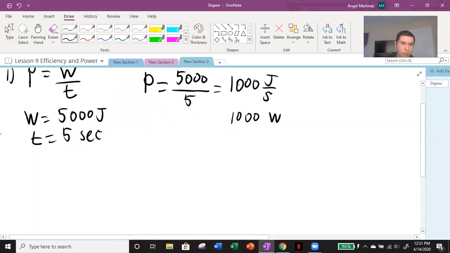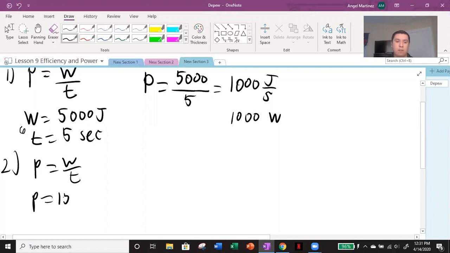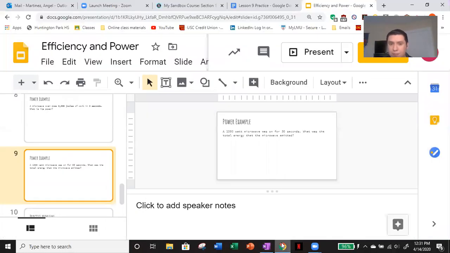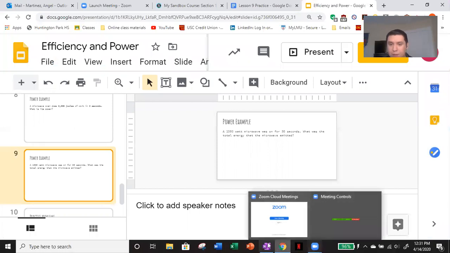So for number 2, again, P equals W divided by T. So P is 1,500, I believe. Yep.